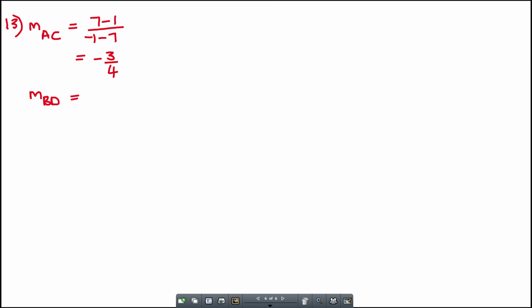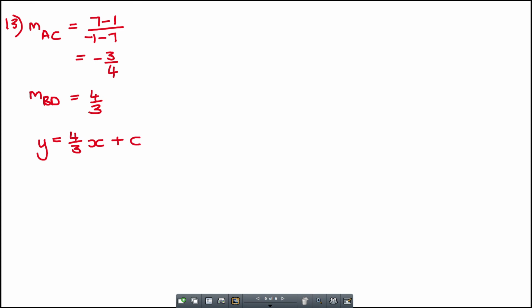Because I know it cuts at 90 degrees, the opposite of that will be positive, switch it around, meaning it would be 4 over 3. Okay, are you right? Immediately I know it's going to be y is equal to 4 over 3x plus c.